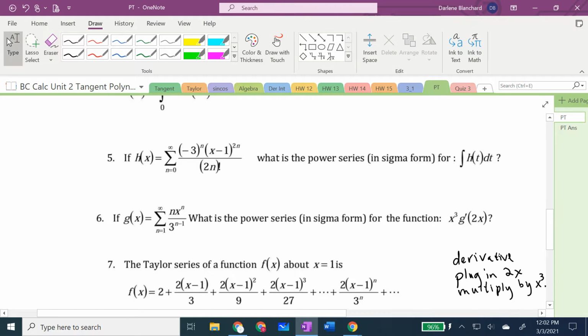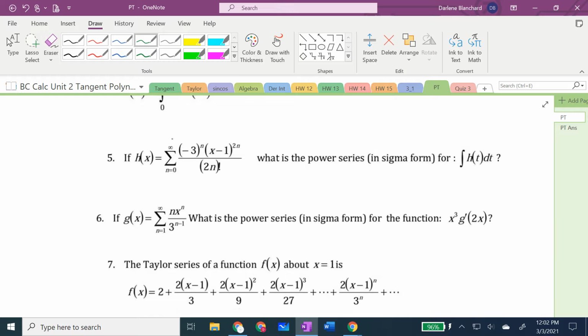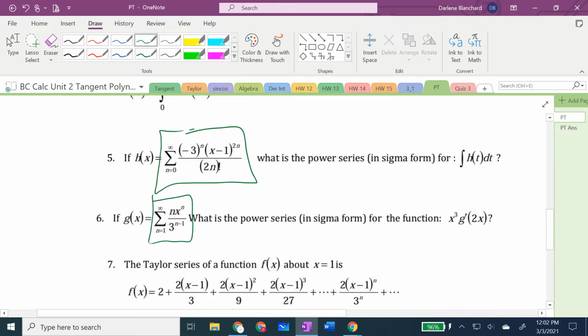Then as you take a look at numbers 5 and 6, I'm giving you a sigma formula for a particular function, and then I'm telling you what to do, and I want to see that you can do that with your sigma. Oh, I will admit, yes, the 5th degree was a little harsh.